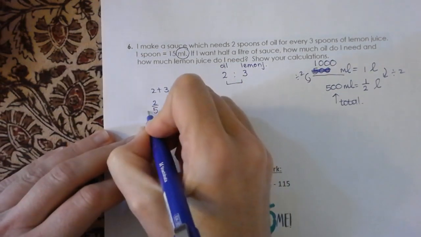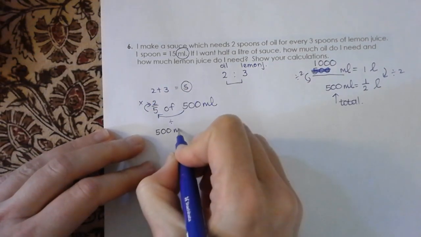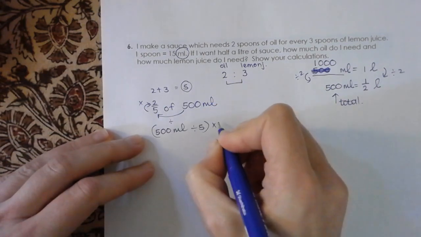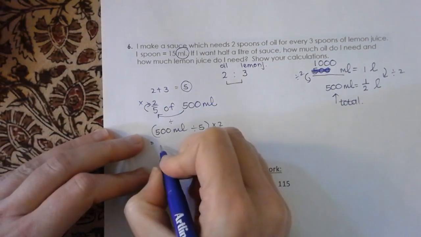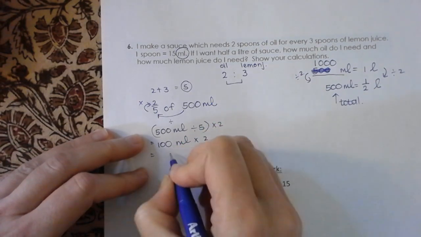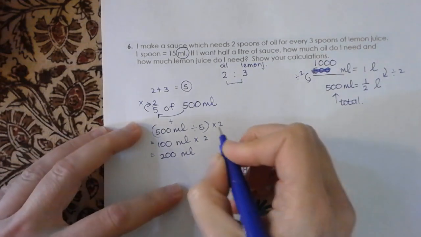Okay, so now you need to remember the method again. Divide and times. So 500 milliliters, divide by 5, and then multiply with 2. So 500 divided by 5 is 100 milliliters, and then you multiply with 2, which is 200 milliliters. And remember, this is the oil.